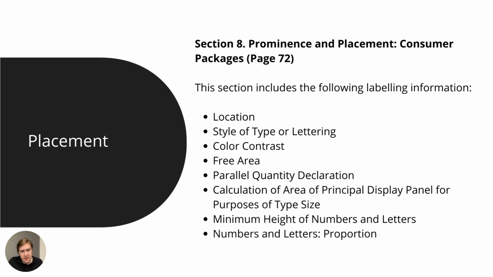But before that, let's look into the placement. I'm not going to go through this section in detail, but in the NIST handbook, you can scroll down to section 8, prominence and placement, consumer packages, page 72, at least in the 2022 edition. Could be something different now, just so you know. But you will find detailed information about everything from the print location, the location on the package, the specific placement, to fonts, color contrast, free area, quantity declaration, and minimum height of numbers and letters.